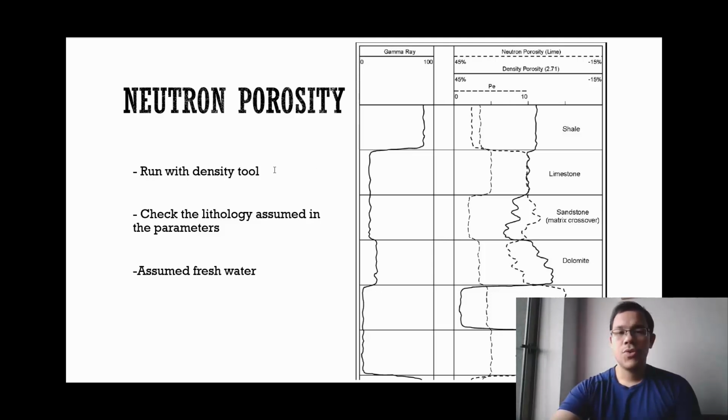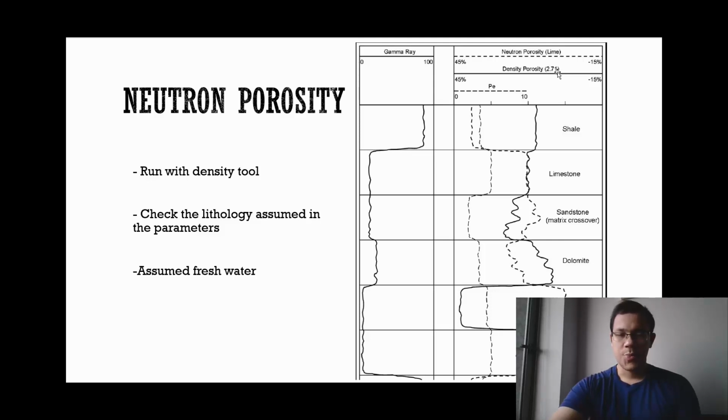Let's remember that our neutron porosity tool will, in most cases, be run with the density tool as well. And when checking a density log, you must first know that a matrix is being assumed. In this case, we have neutron porosity lime, which refers to limestone, and density porosity 2.71, which is the same as limestone.